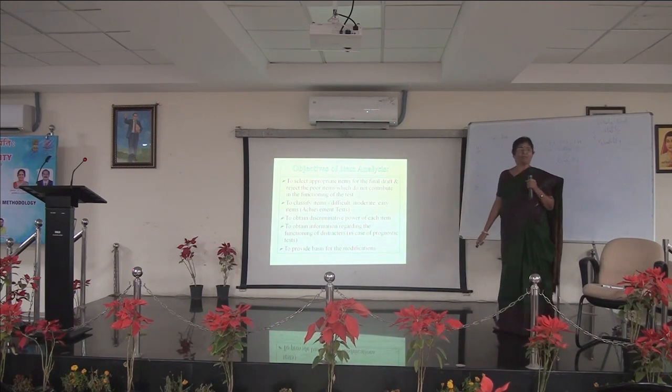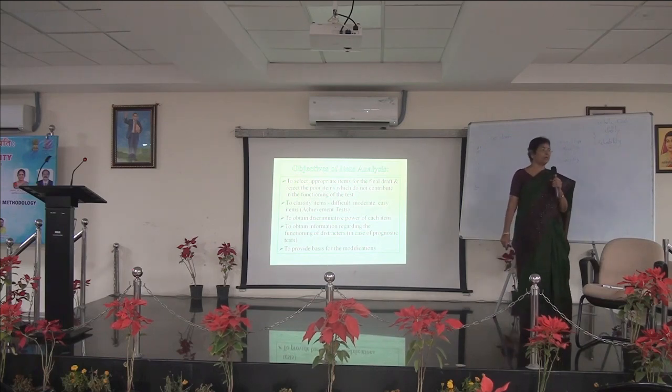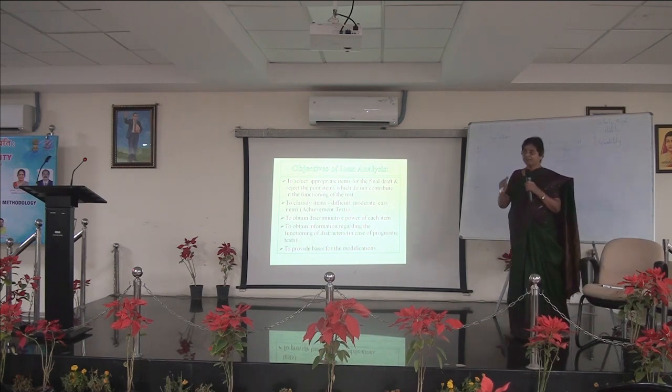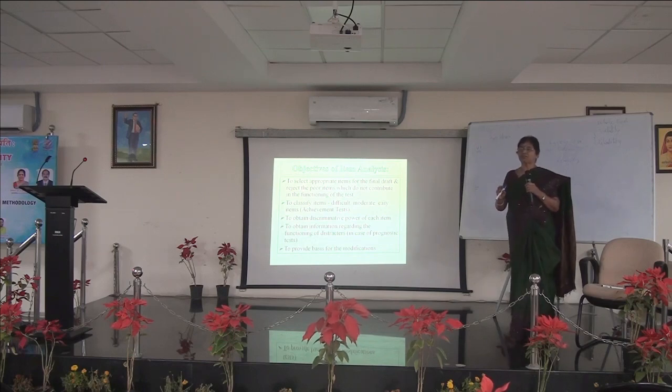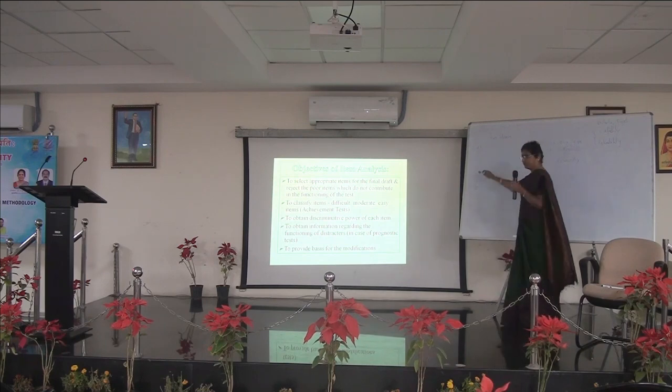See, the major objective of item analysis is to select only those items that have item validity and item reliability. Suppose out of 50 items of your tool, this tool is called the preliminary form of the tool.